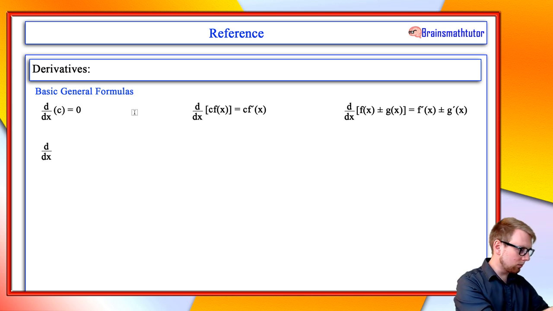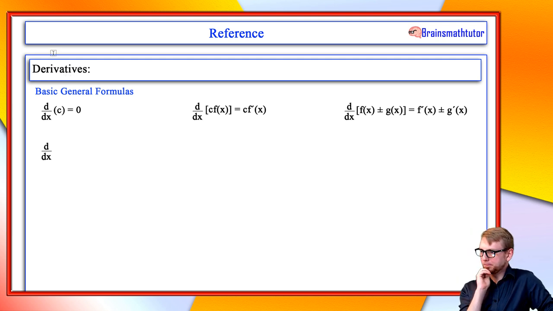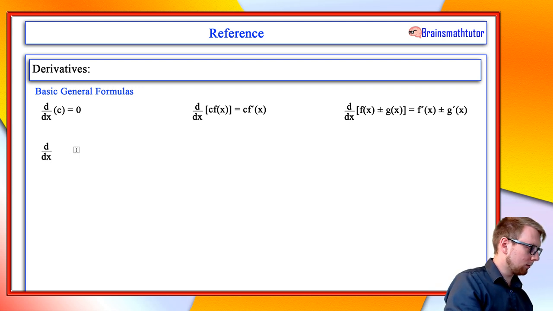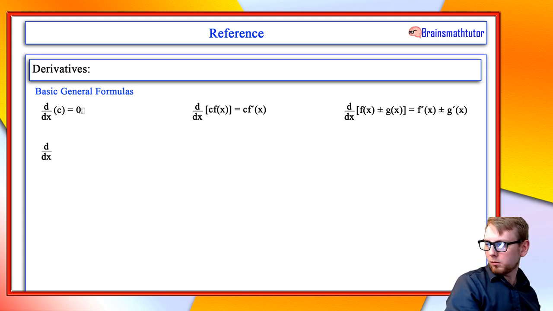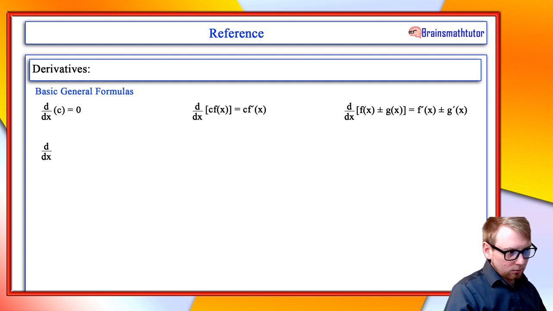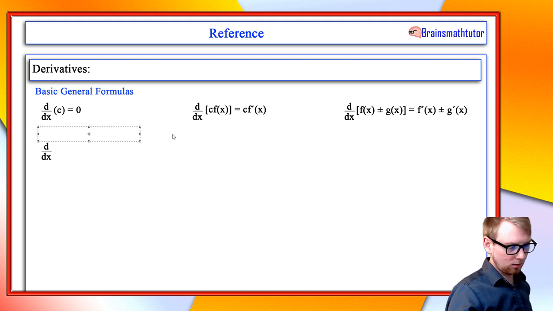Product rule, quotient rule, chain rule, and then. I won't. Okay, this will look okay. Product rule.